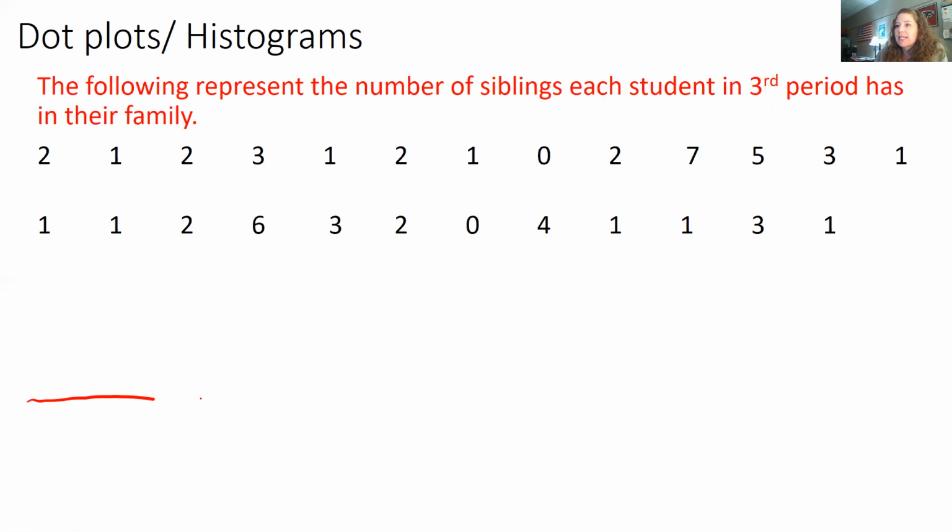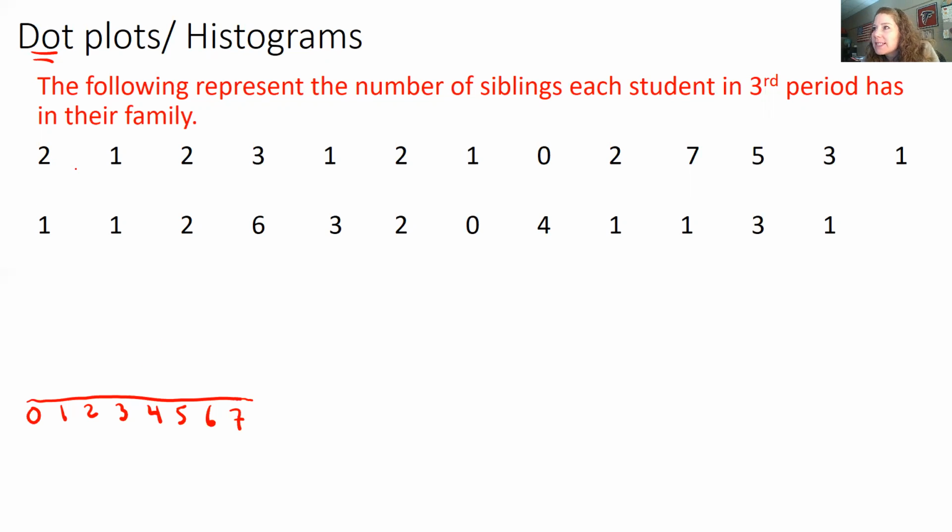Just like a number line, I would not skip numbers. 0, 1, 2, 3, 4, 5, 6, 7. And I could use dots, thus the name, but I just prefer to use X's. Now some people try to count up all the zeros and then all the ones and all the twos, but it's so easy to skip a number that way. So I'm just going to put X's over the numbers in the order that they're written.